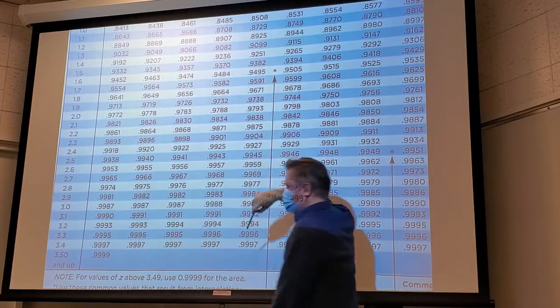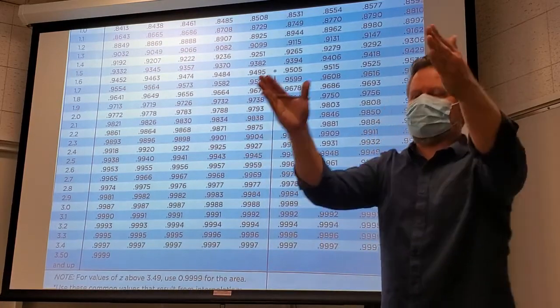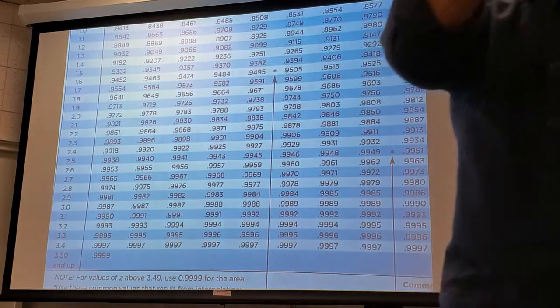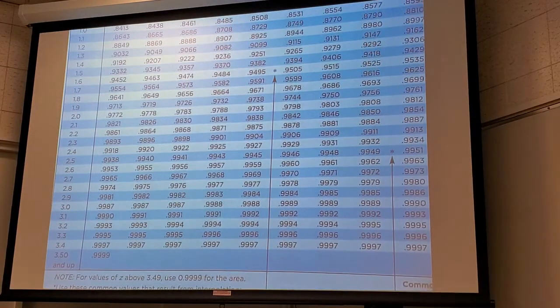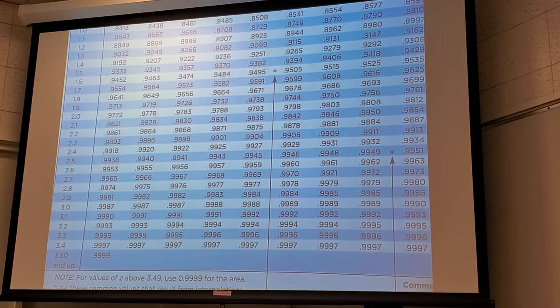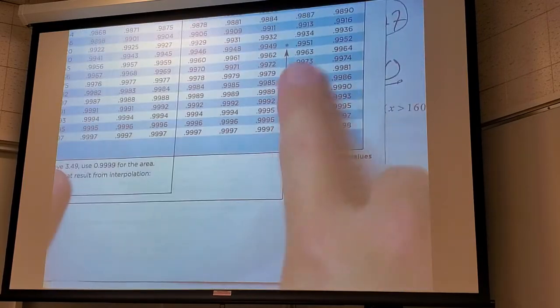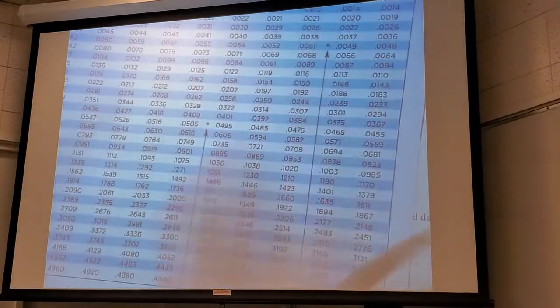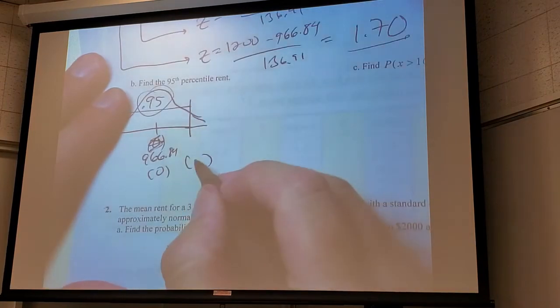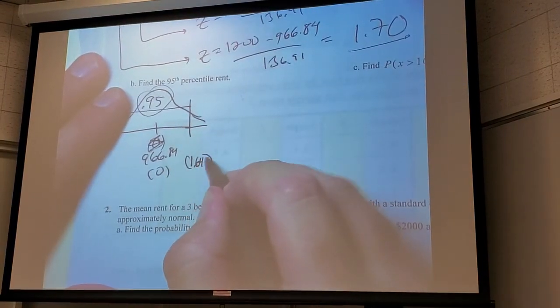If you follow the little arrow, it goes to 1.645 because it just splits the difference. It's right in the middle. Does that make sense? You see a few other places where that happens. Okay, so this Z-score is 1.645.